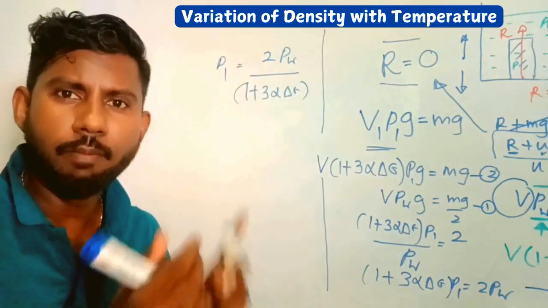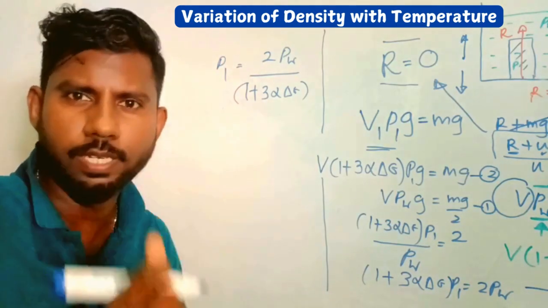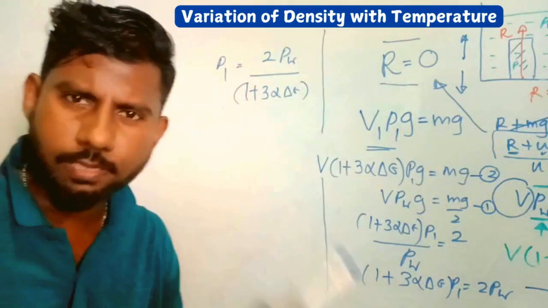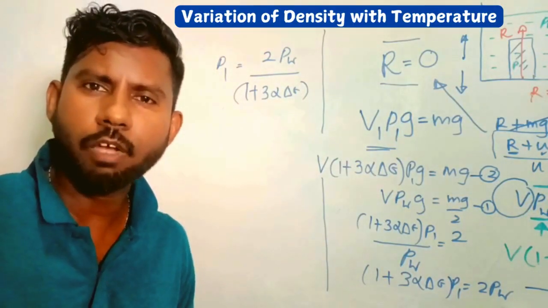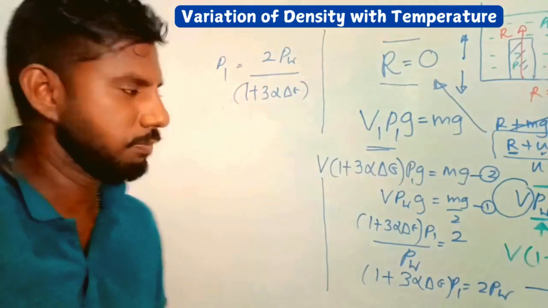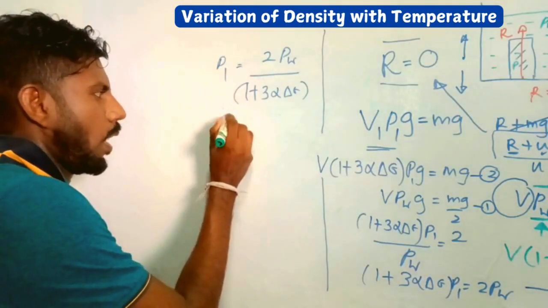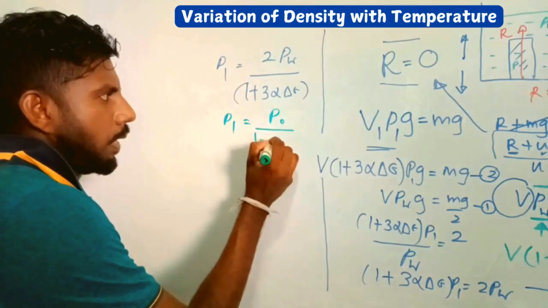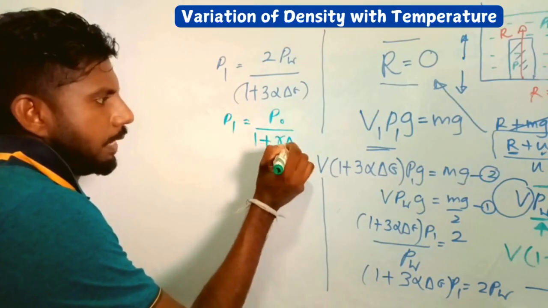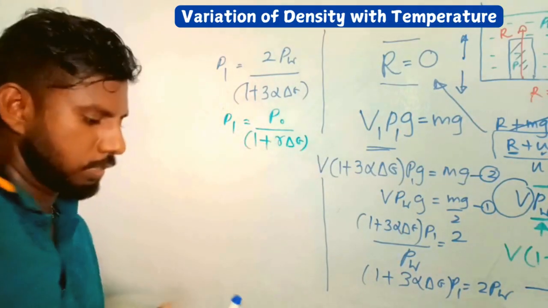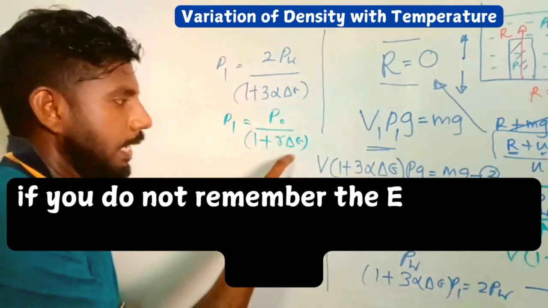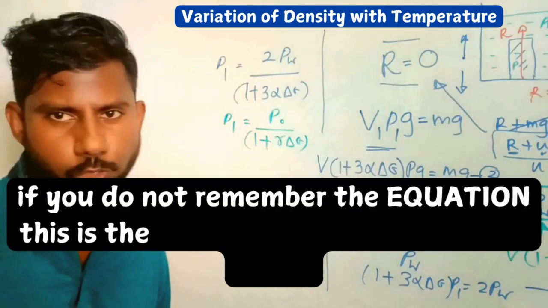Here we have to connect these two equations from the heat equation, the variation of density with the increment of temperature. You should know this equation: rho 1 is equal to rho naught over 1 plus gamma delta theta. This is from liquid expansion.